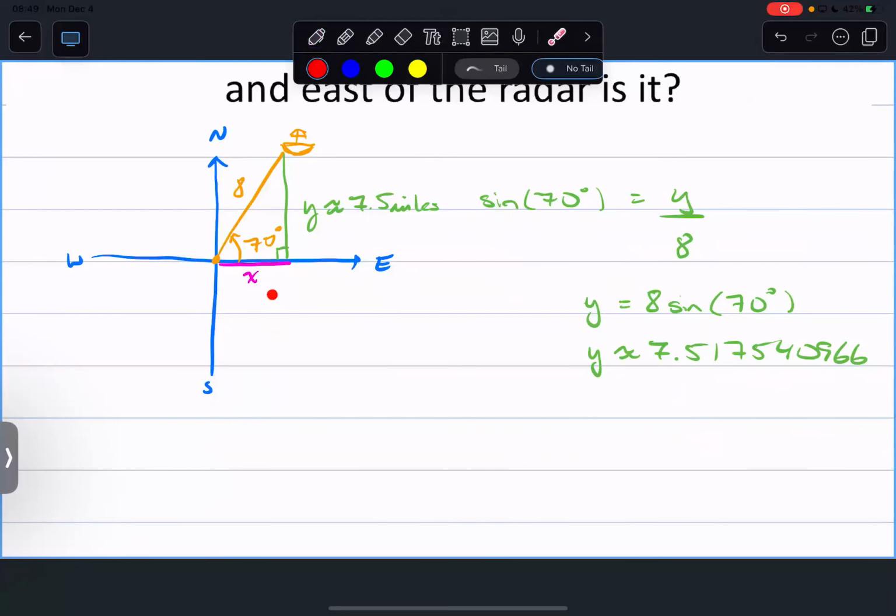How about x? Same deal, right? I'm trying to solve for the adjacent to 70 degrees.